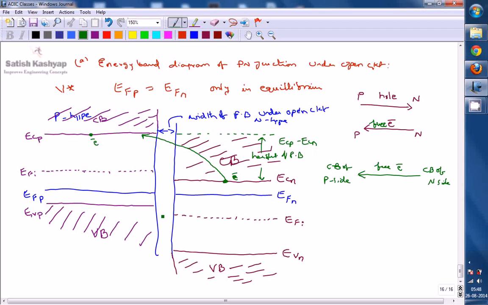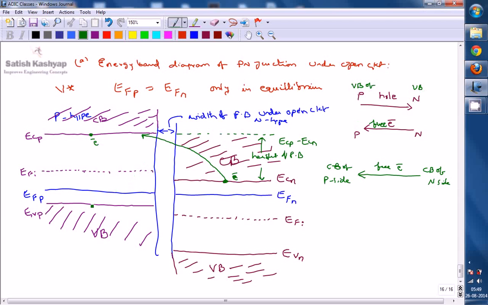Similarly, a hole moving from P to N side means a hole, which is always present in the valence band, is moving from the valence band of P type to the valence band of N type.